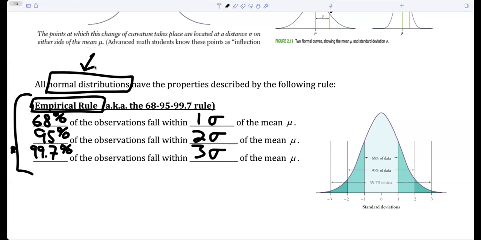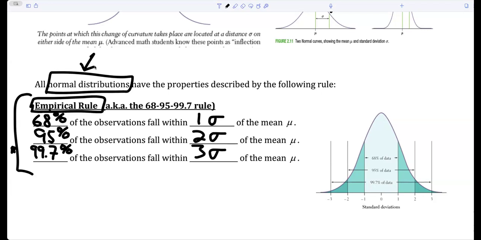So if the mean is 100, then 68% of the scores on an IQ test will be between 85 and 115. And 95% will be between 70 and 130. That makes sense? Okay. And so on.